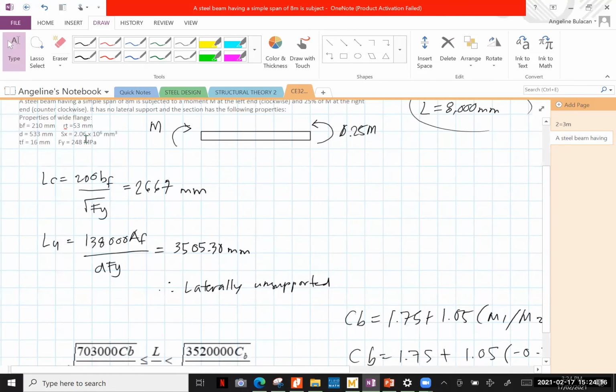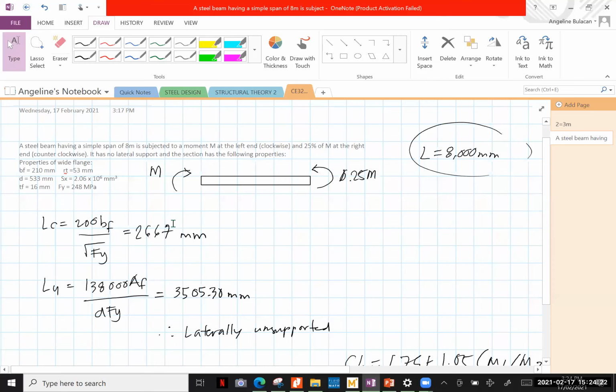Kung mapapansin nyo dito sa given na yung RT, so you don't need to compute for your square root of I over A. There are cases, and most of the time, given talaga yung value ng RT nyo. So you don't need to compute yung moment of inertia saka area dun sa compression flange plus 1/3 nung compression web. So, since given na siya, madali lang yung pag-compute ng L over RT.